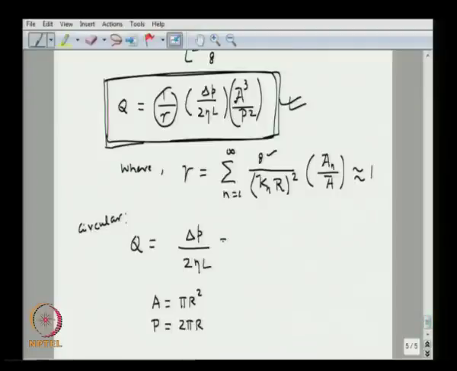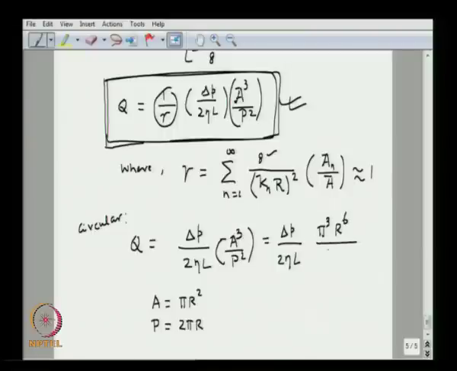So, here you can write delta p into A cube over P square. This will be delta p divided by 2 eta L, pi cube r 6, because this is cube, divided by 4 pi square into r square. So, you would get pi delta p r 4 divided by 8 eta L, and that is the expression for the flow rate through a tube of uniform cross sectional area.